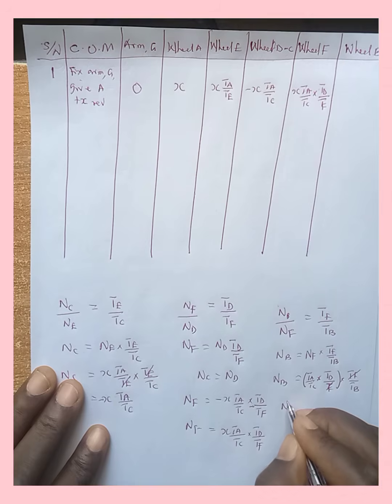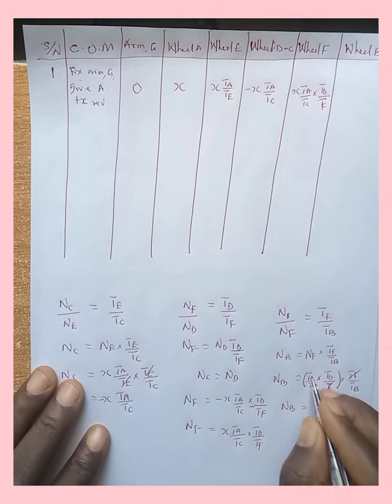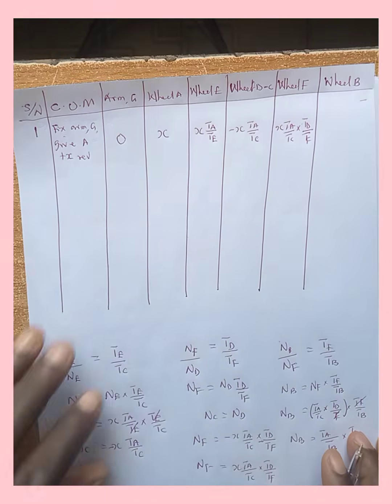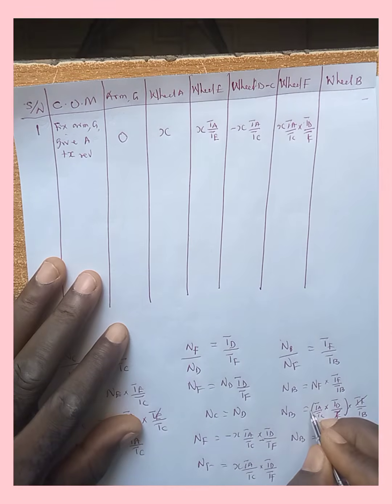When we arrange this one, we have NB is equal to TA over TB multiply TD over TC. So, the X is here. So we'll have the X here.